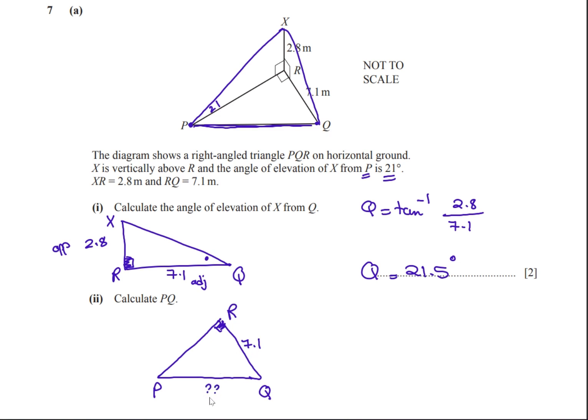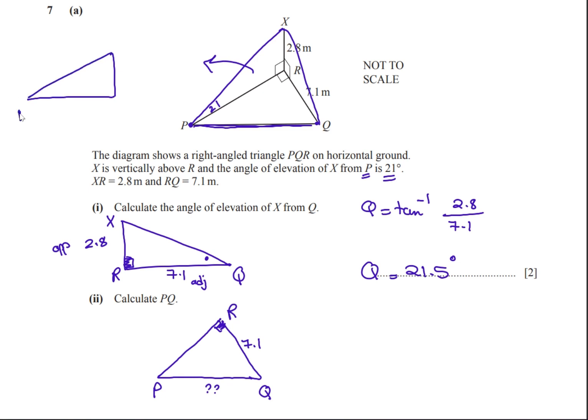If I don't have any angles in this triangle, so for sure I'm going to use Pythagoras concerning sides. But I have only 7.1 and I don't have the other side, which is PR. I am going to use another triangle to get BR, this triangle. I'm going to get it out here.